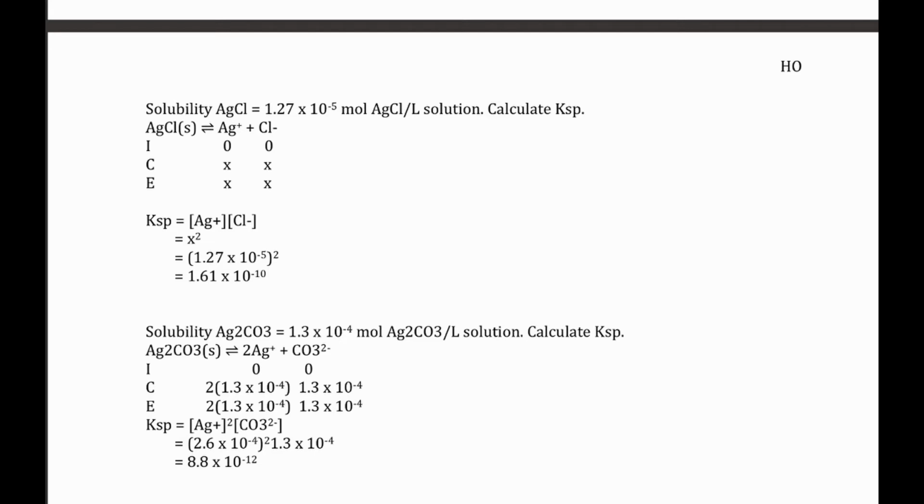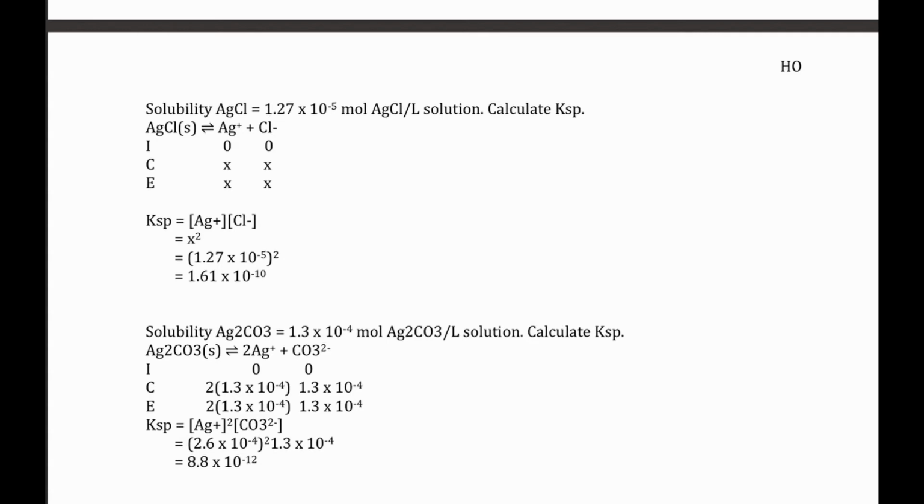Alrighty, so what we do is we write out our reaction, AgCl solid in equilibrium with Ag+ and Cl-. We do our ICE table where the initial amounts of those two is 0 and then they grow by x. At equilibrium we have x. So we have Ksp equals [Ag+] times [Cl-]. We're representing those each by x, so Ksp equals x squared, and x is that solubility.